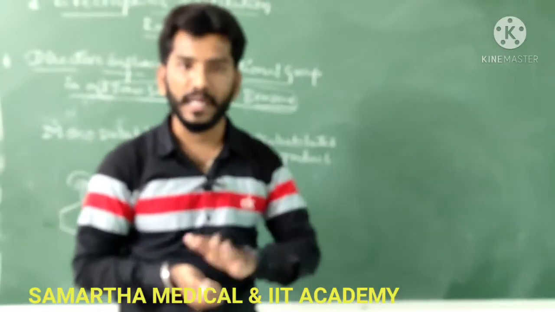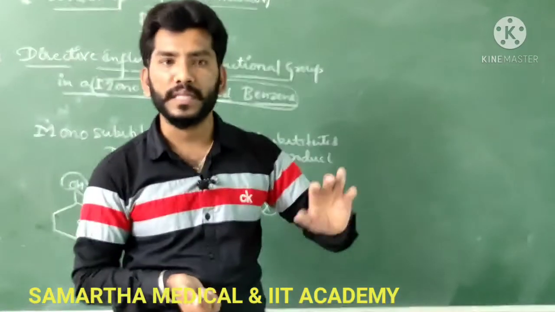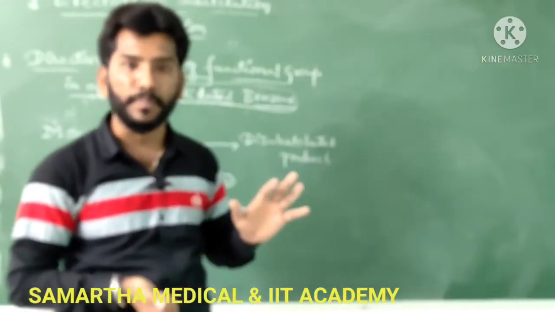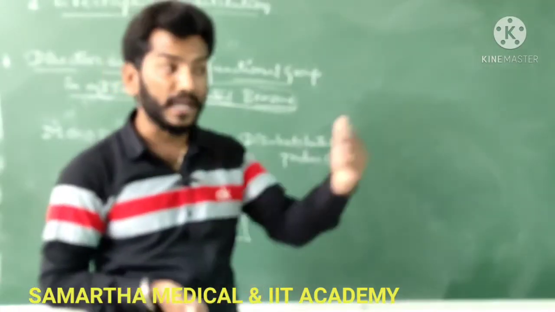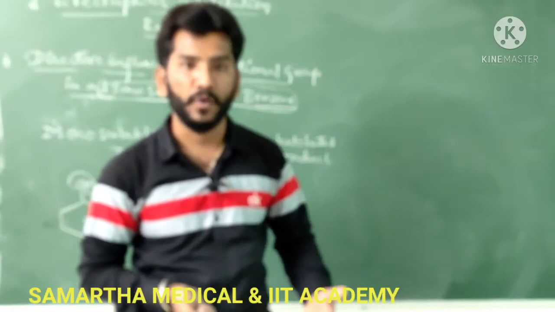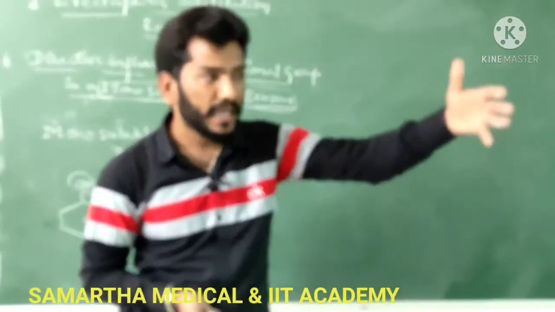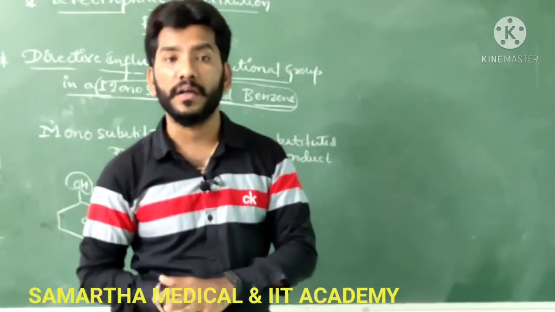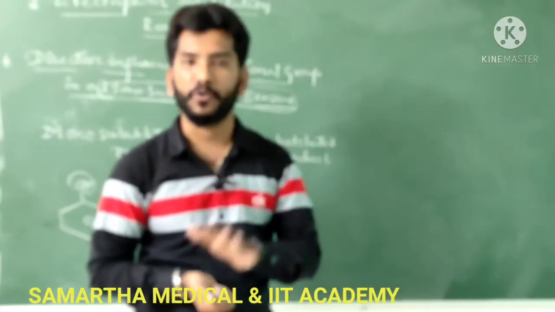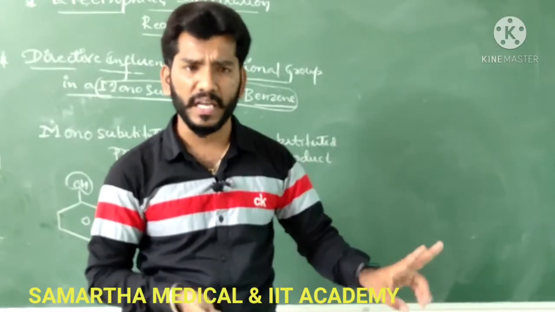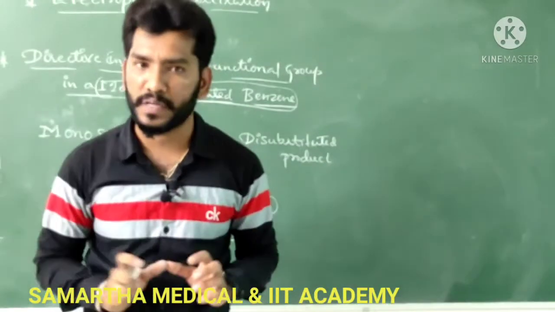This is one category. The incoming group is the group which wants to come to the benzene ring. The second category is the existing group or substituent which directs the incoming group to the meta position; we call it a meta directing group. So we have two categories: ortho para directing groups and meta directing groups, guys.